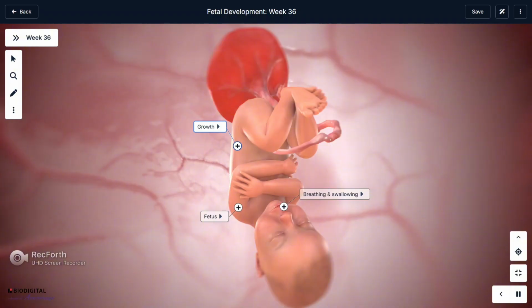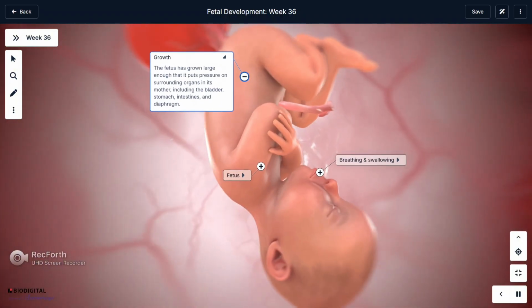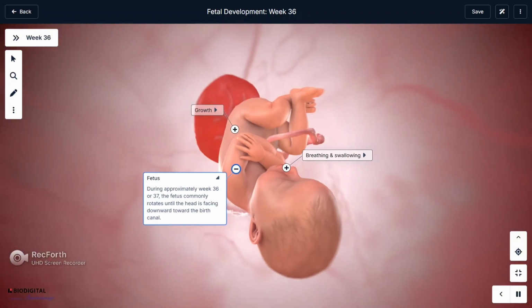And by week 36, the fetus has grown large enough that it puts pressure on the surrounding organs in its mother, including the bladder, stomach, intestines, and diaphragm. During approximately week 36 or 37, the fetus commonly rotates until the head is facing downward toward the birth canal.